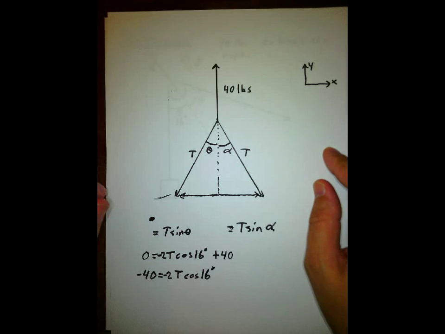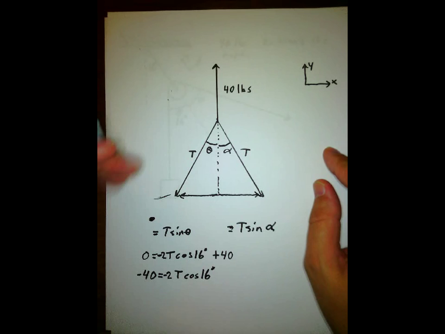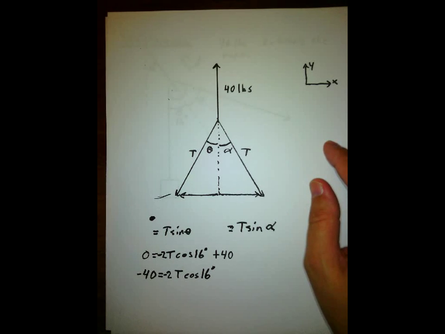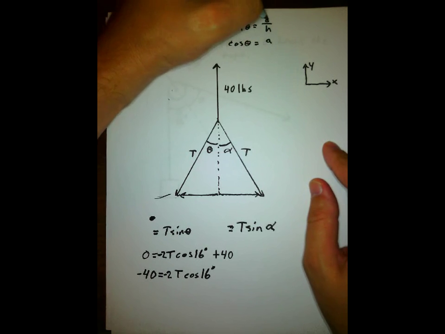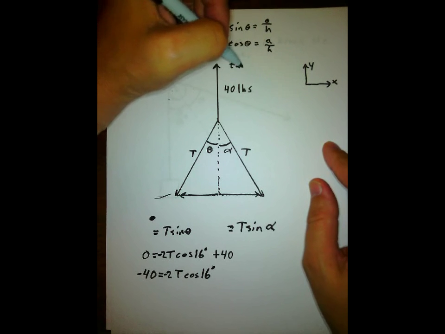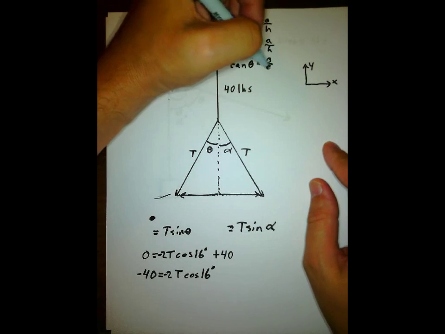If you guys are struggling with any of this stuff, the angles or anything like that, I would strongly suggest that you go back and review your trig. A lot of people like to remember it as SOHCAHTOA, and that's sine theta equals opposite over hypotenuse, cosine theta equals adjacent over hypotenuse, and tangent theta equals opposite over adjacent.